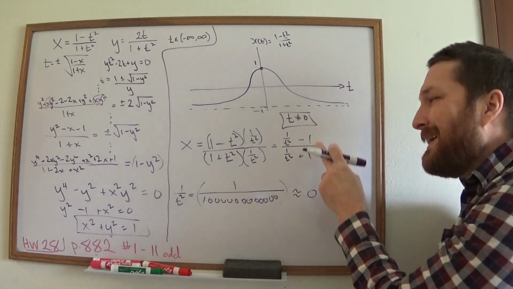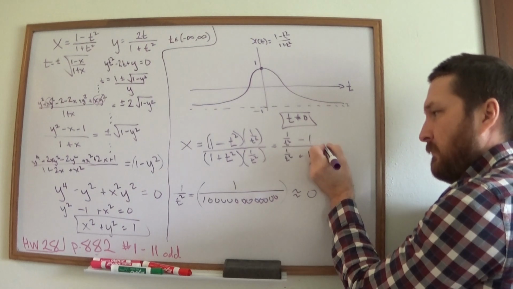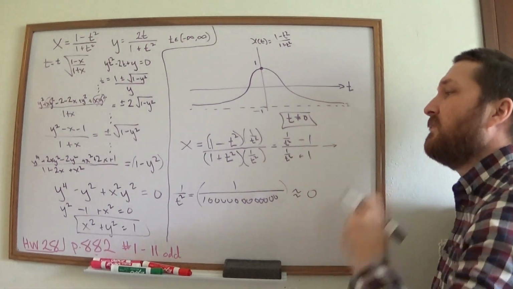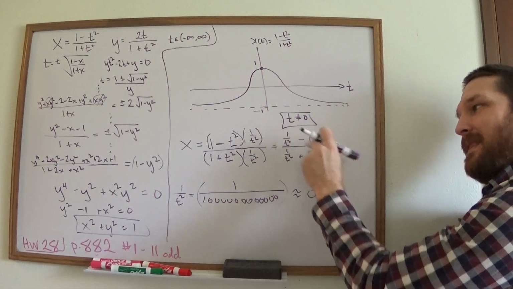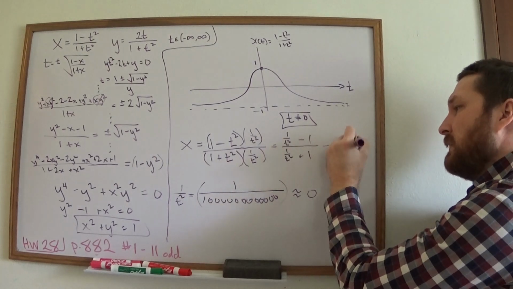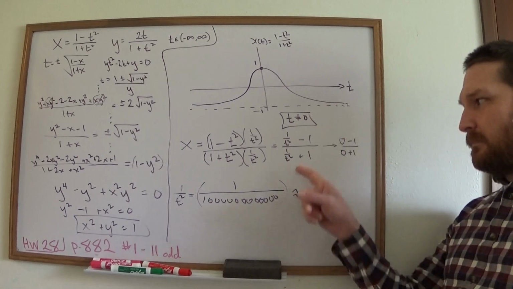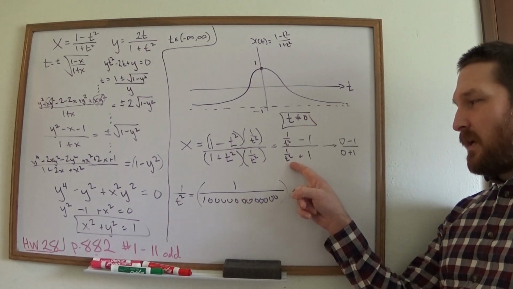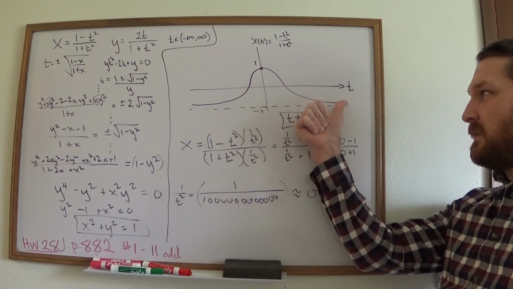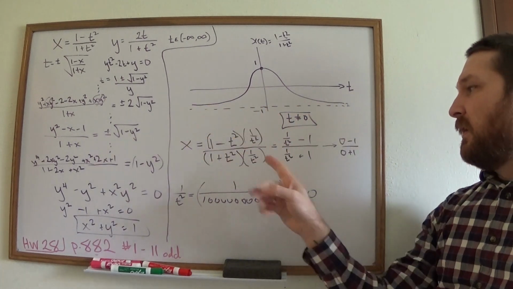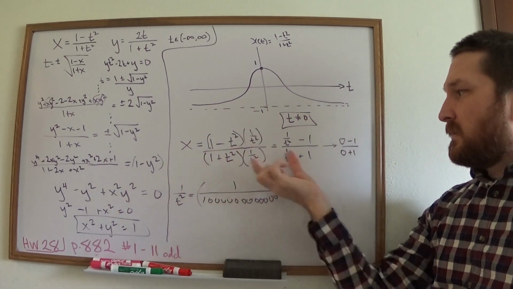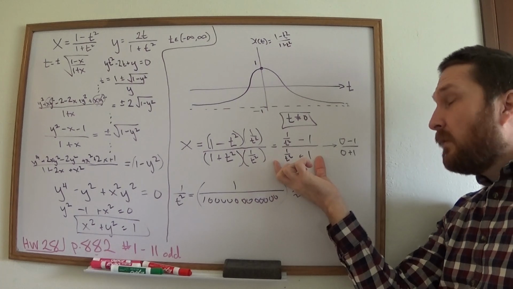And so then we say in the limit, as t gets very, very large, this thing goes to 0 minus 1 over 0 plus 1. Everybody see that? We're talking about times where t is not equal to 0 and t is very, very, very big, or very, very, very small. Then we could rewrite x to be this, and it's exactly equal.